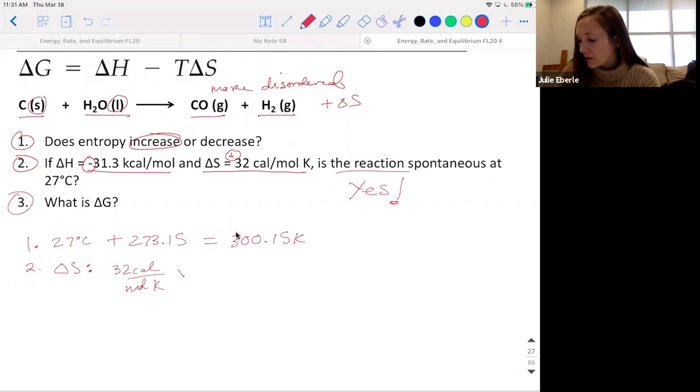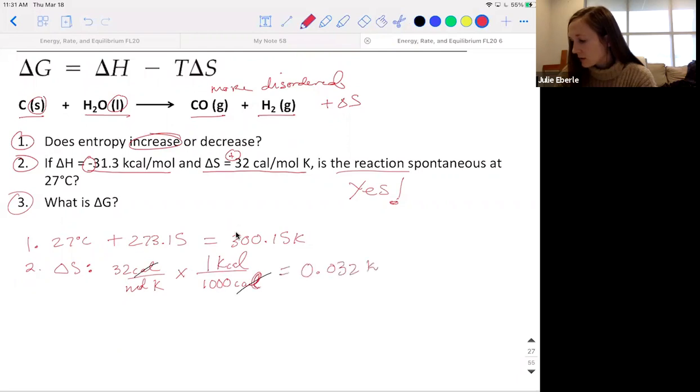And how do we convert to kcals? You just divide by 1,000. 1,000 calories for every 1 kcal, and calories are going to cancel. So when you divide by 1,000, you should get 0.032 kcal per mole.